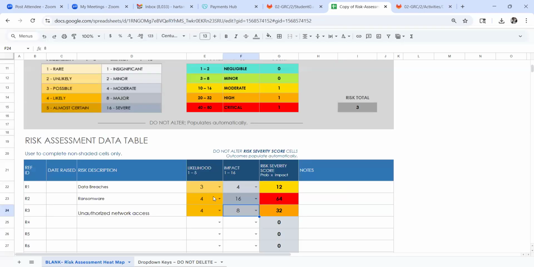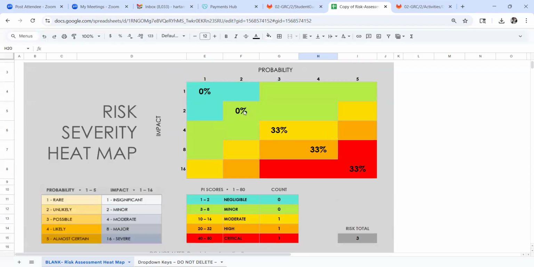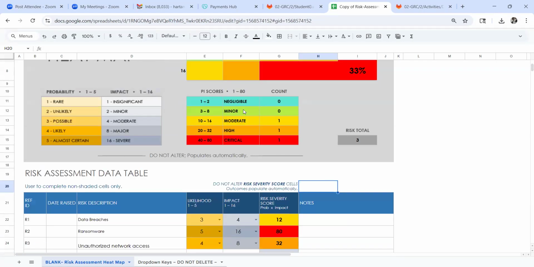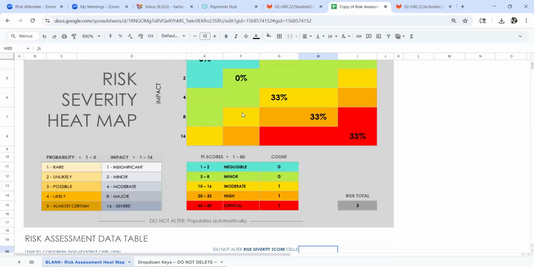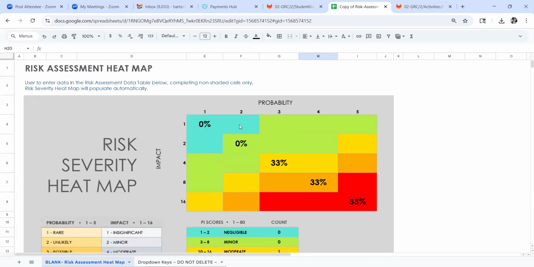Suppose we change here to 5, it will change here. Explain that the data table severity score is auto-populated and ranked. Explain that the organization will use the completed heat map to help prioritize the risks.